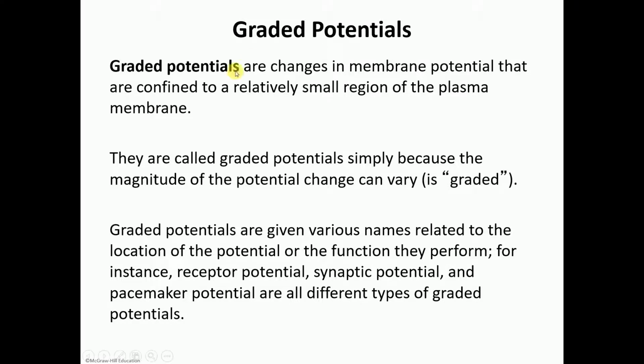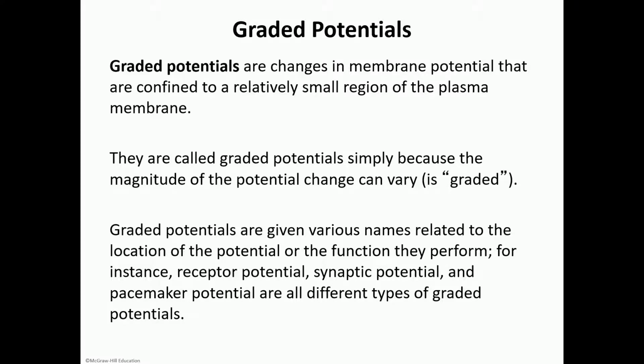And again, we need these graded potentials in areas where the nerve or the receptor has to initiate the electricity on its own. So for example, a pacemaker. The pacemaker of the heart is known as the SA node.